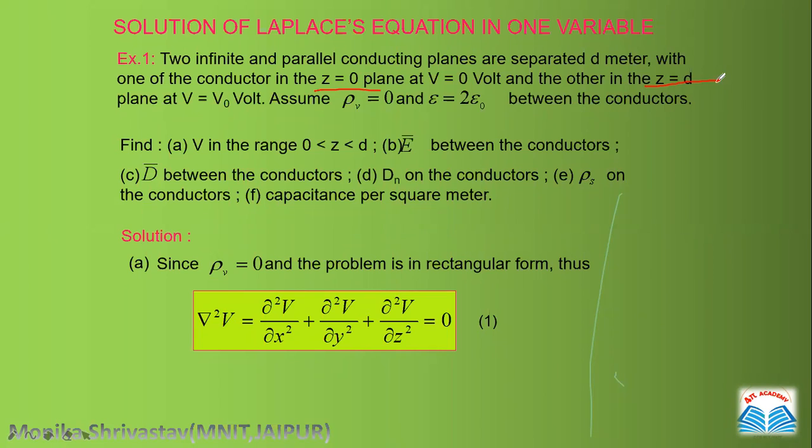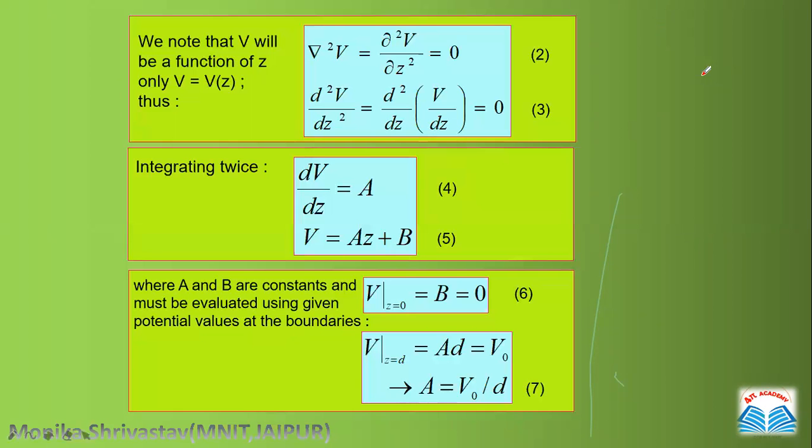There will not be the two axes x and y, so those are already 0. So del squared V is equal to d squared V over dz squared, which is equal to 0. We can write this as d over dz of dV over dz equal to 0.